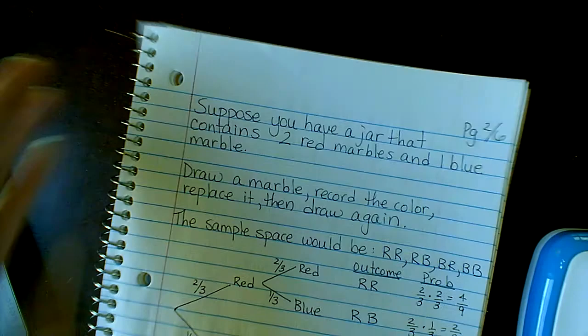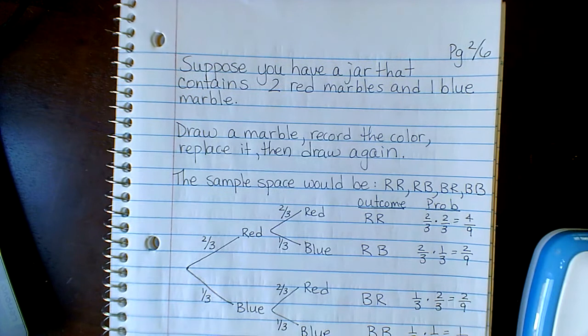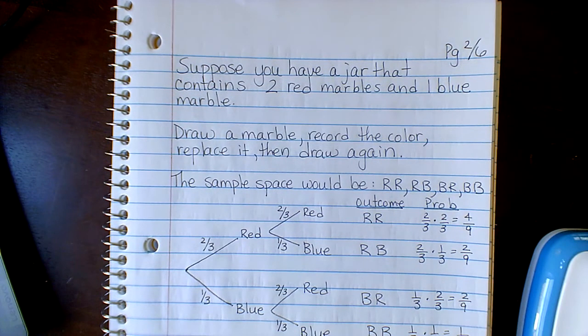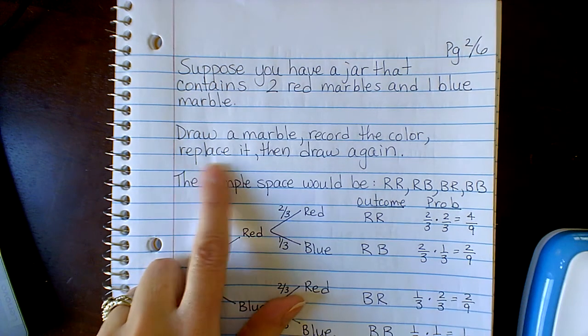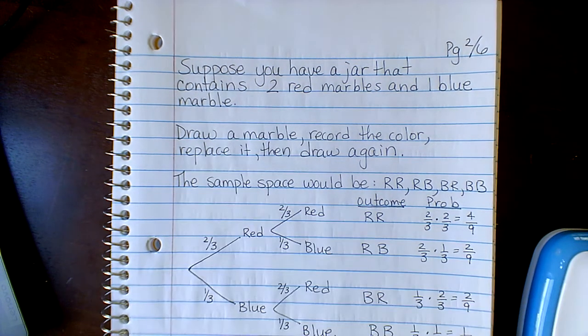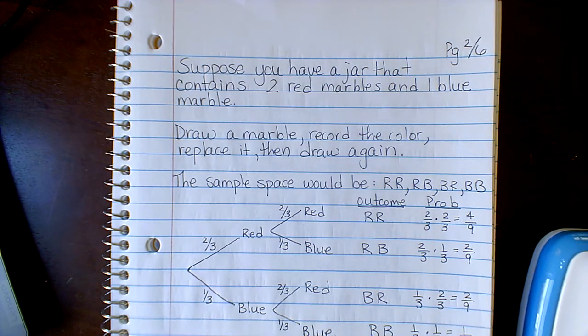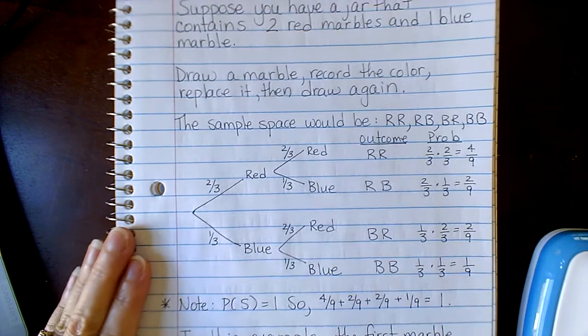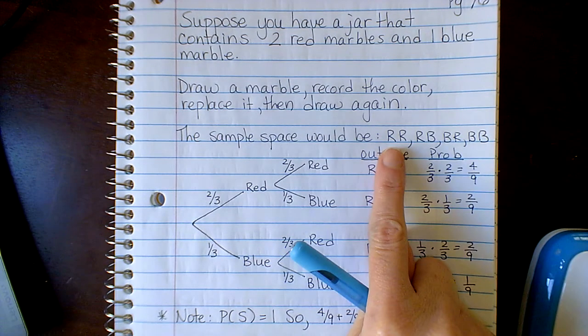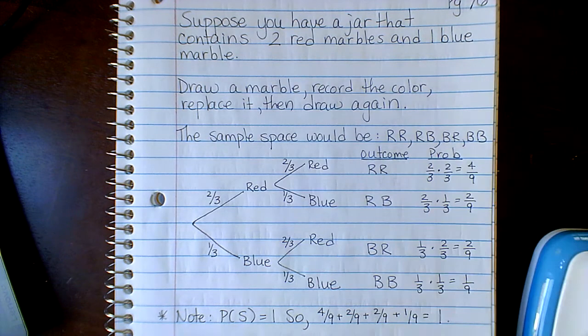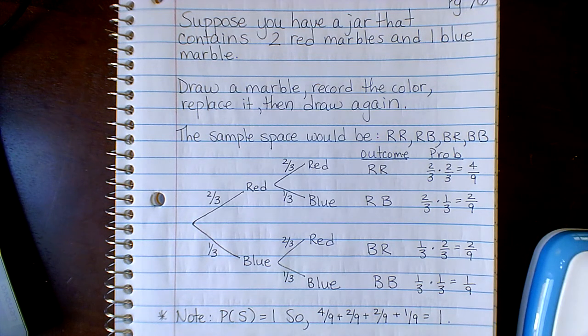Now, let's suppose that you have a jar that contains 2 red marbles and 1 blue marble. Draw a marble, record the color, replace it, and then draw again. This whole thing of replacing or not replacing is going to be a big deal. The sample space for this would be red, red, red, blue, blue, red, blue, blue.